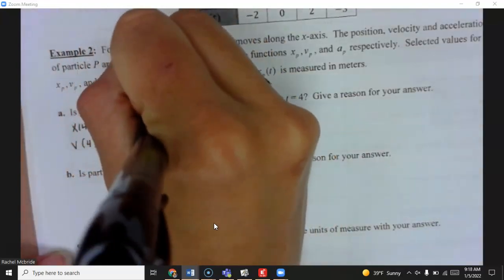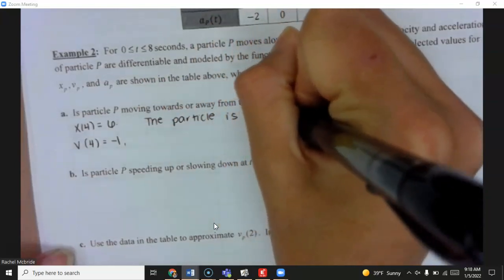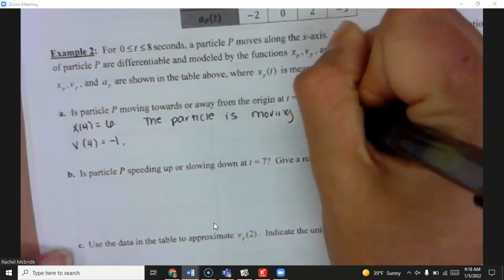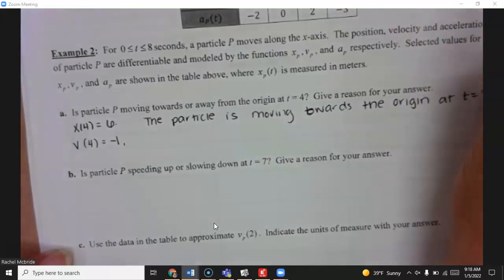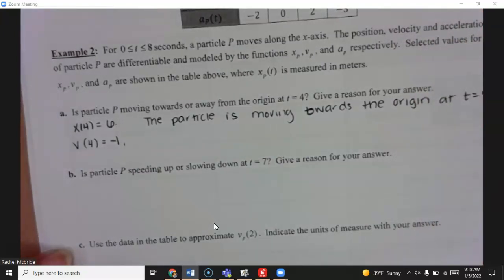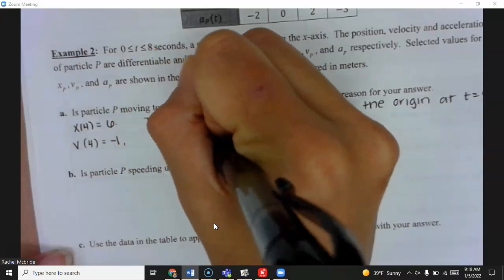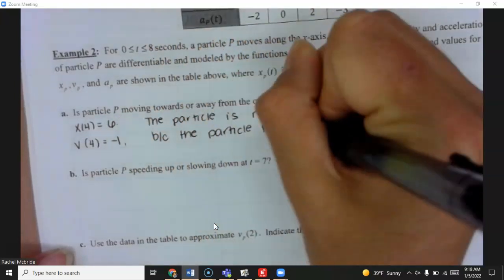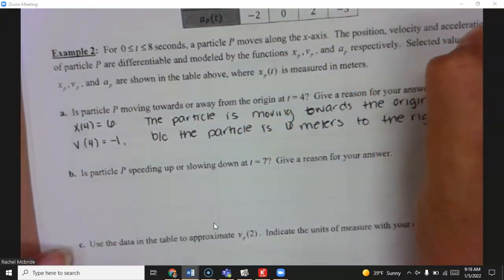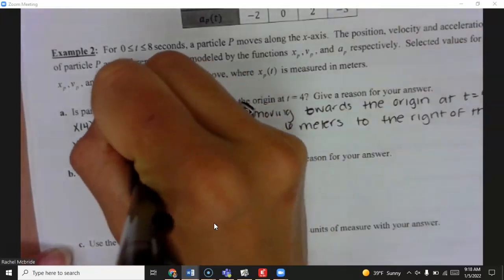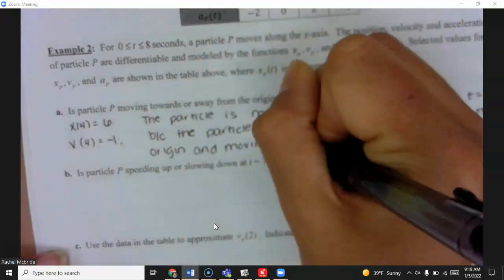So we can say that the particle is moving towards the origin at t equals 4 because the particle is 6 meters to the right of the origin and moving left.